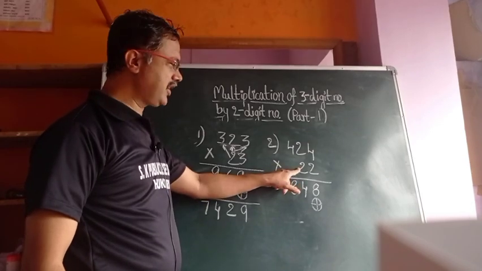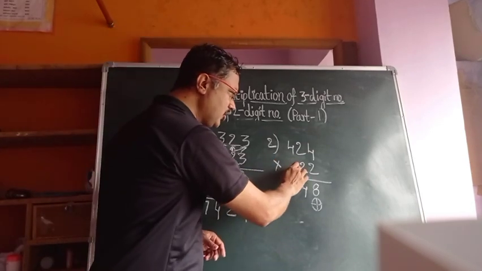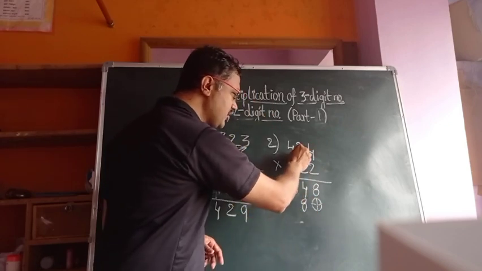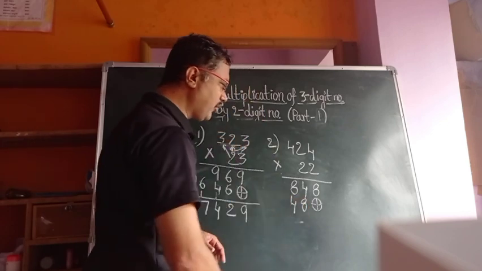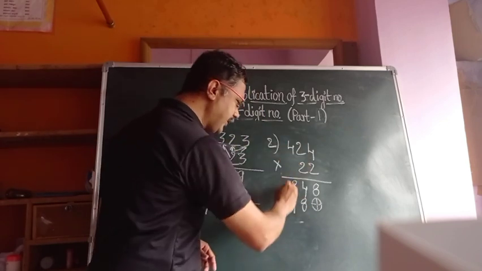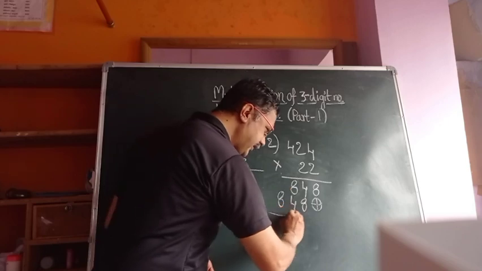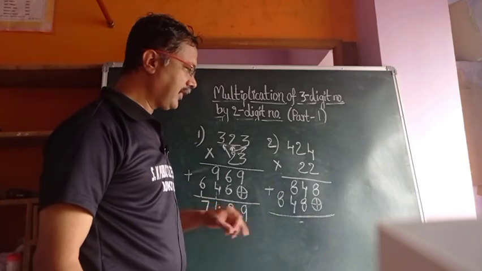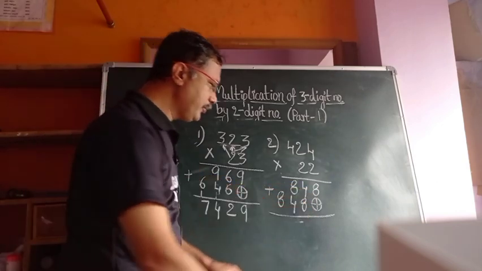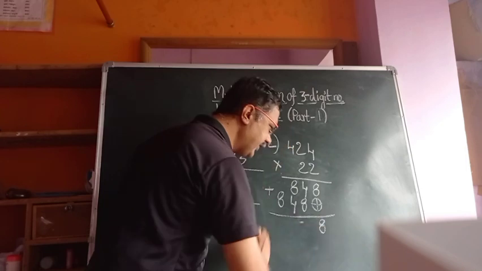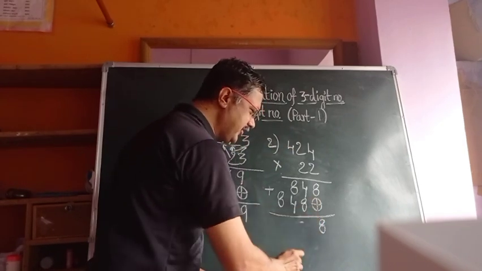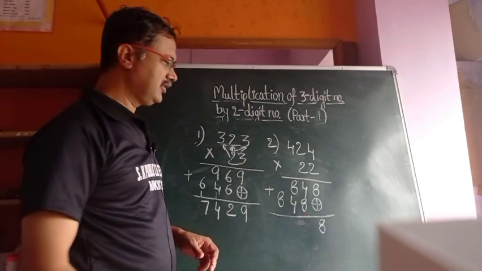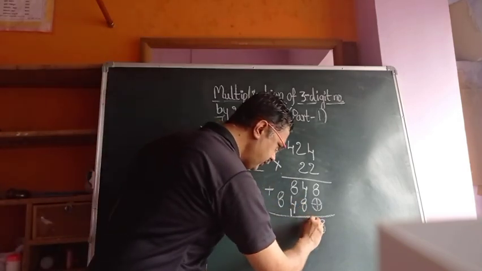In tens place 2 is there, again we have to multiply this. 2 4s are 8. 2 2s are 4. 2 4s are 8. Add these numbers. 8 plus 0, 8. 4 plus 8, 12.